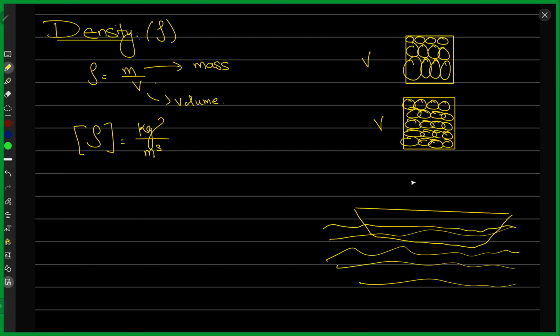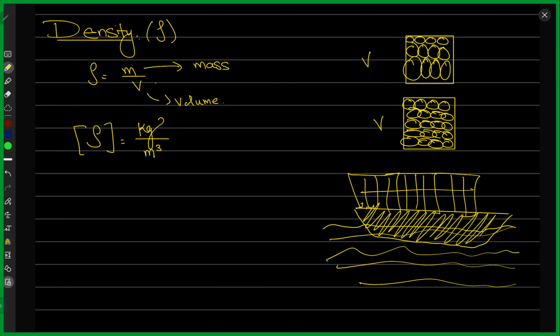But suppose you have a ship with so many containers on it, which would make the ship really, really heavy, right? You know that you have seen that the ship would be floating on the surface of the water. It would not sink, even though the ship is so heavy, right?